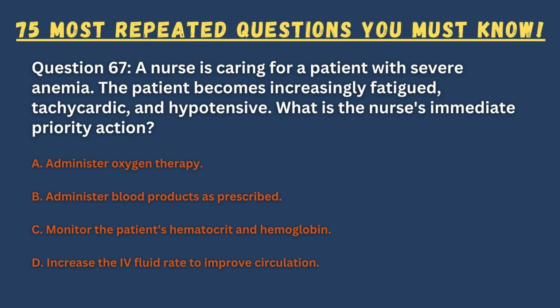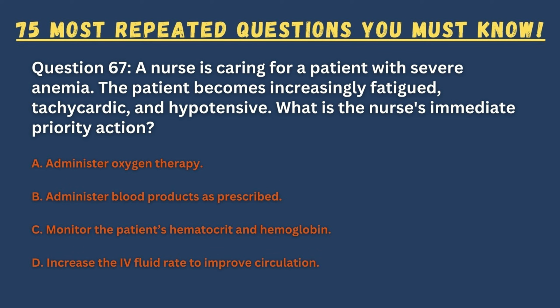Question 67. A nurse is caring for a patient with severe anemia. The patient becomes increasingly fatigued, tachycardic, and hypotensive. What is the nurse's immediate priority action? A. Administer oxygen therapy. B. Administer blood products as prescribed. C. Monitor the patient's hematocrit and hemoglobin.